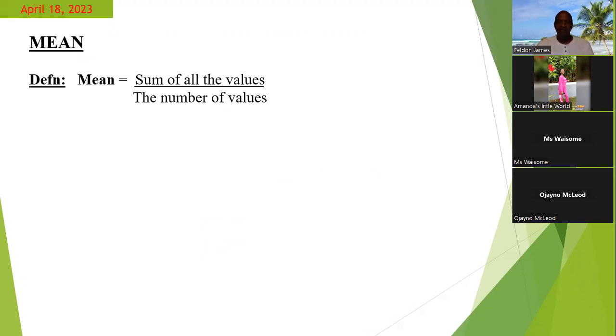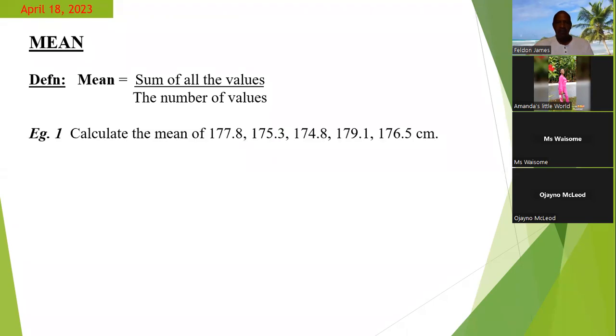So when you get a set of values, you simply add them up and divide by how many of them you have. So here, if you look at all of these values and we're to calculate the mean, then we would add up all of these values and then divide by how many of them we have. So if you count the number of values, we have 1, 2, 3, 4, 5 values.